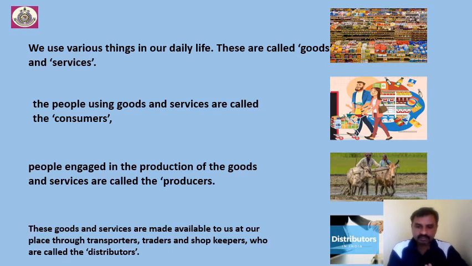So from the production place to the consumer place, there are a lot of stages. These stages are handled by the distributors. Okay, so goods and services, consumers, producers and distributors are the important persons studied in economics.